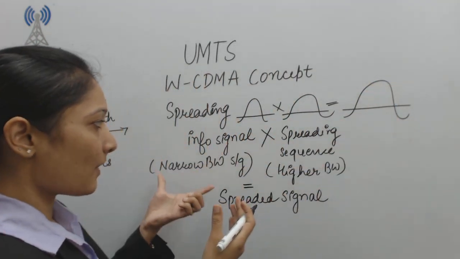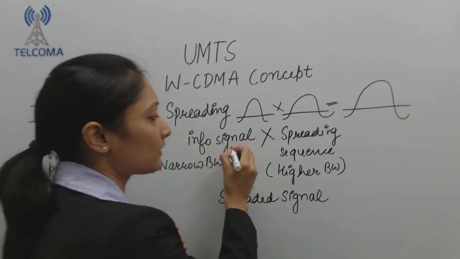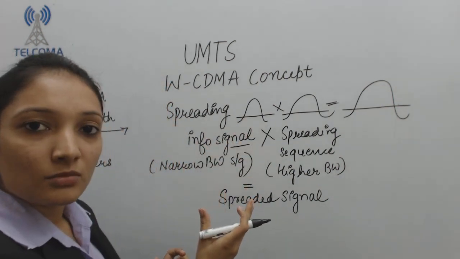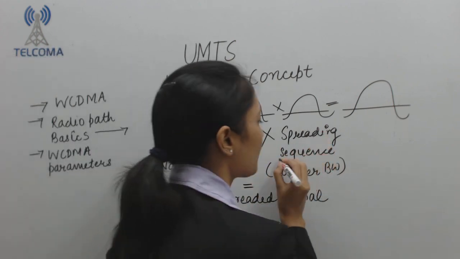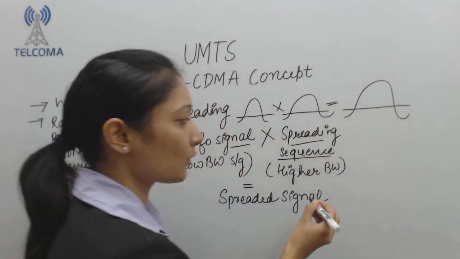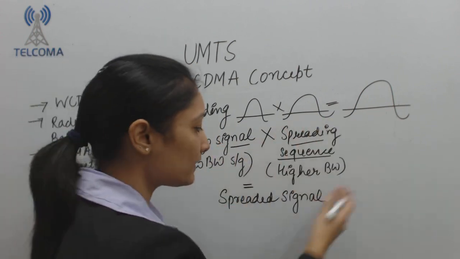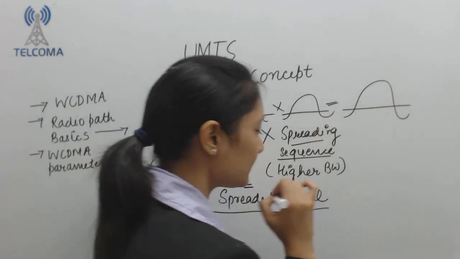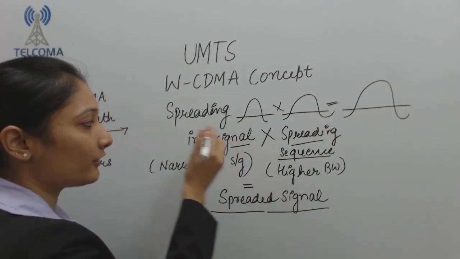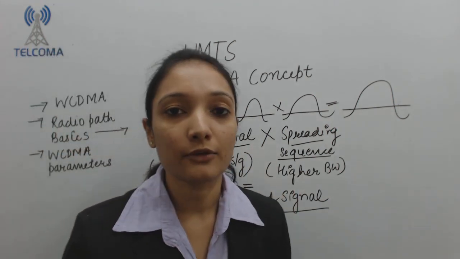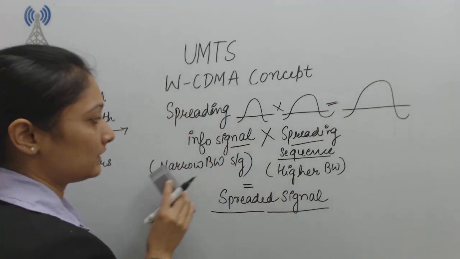That means my information bits will be multiplied with a spreading sequence which has a rate greater than the information signal. Only then will we have the spreaded signal with a higher bandwidth compared to the original information signal.